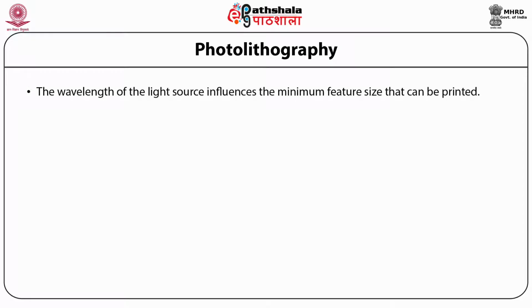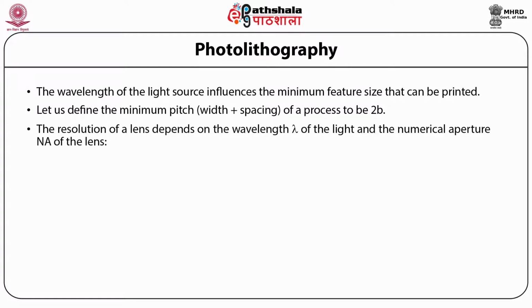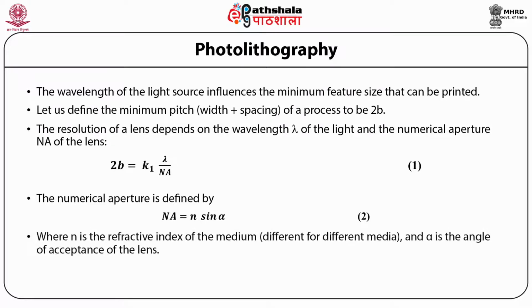So the wavelength of the light source influences the minimum feature size that can be printed. Let us define the minimum pitch of the process to be 2b. The resolution of a lens depends on the wavelength lambda of the light and the numerical aperture NA of the lens, that is, 2b equals k1 lambda by NA, and the numerical aperture is defined by NA equals n sin alpha, where n is the refractive index of the medium and alpha is the angle of acceptance of the lens.